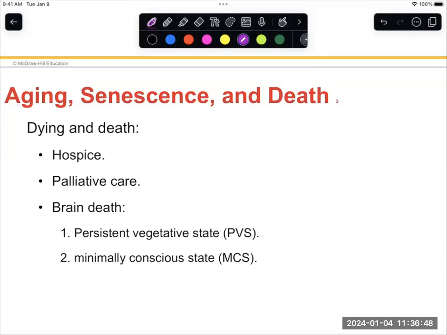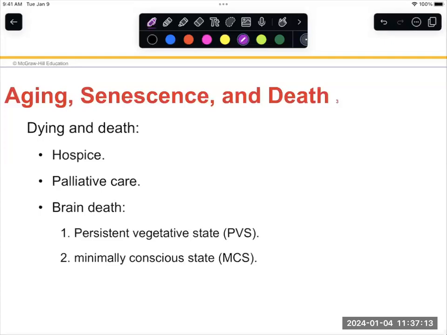Brain death refers to no cerebral or brainstem activity and a flatlined EEG for a specific length of time. A persistent vegetative state refers to the state in which the patient has suffered from brain damage, but his lungs respire and his heart pumps blood because of brainstem activity.